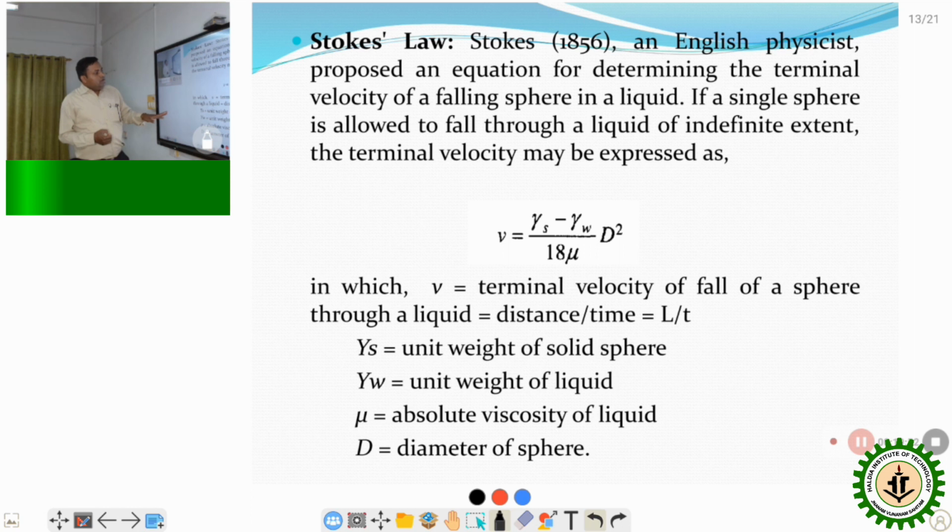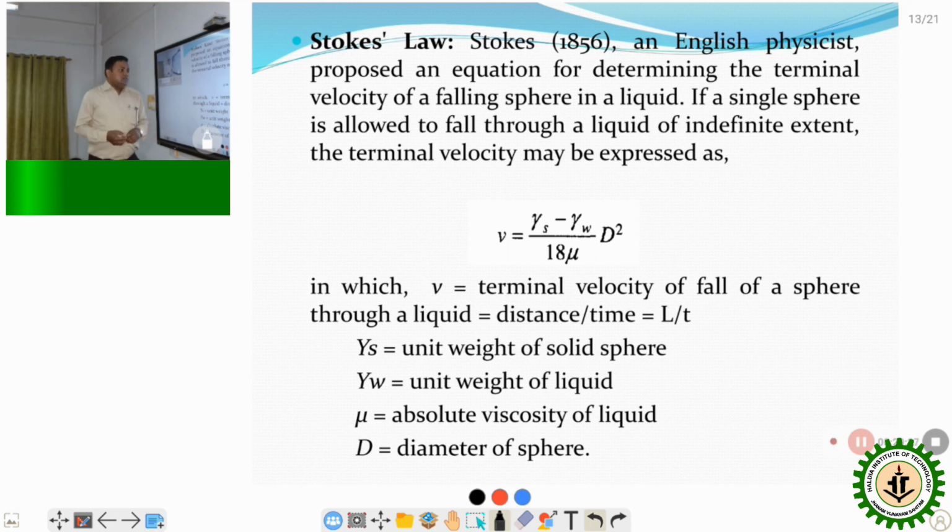So from this expression, V can be calculated by the formula L by t, meaning how much length or distance is traveled with respect to how much time. So with respect to each elapsed time that we have recorded, a different velocity will be calculated.